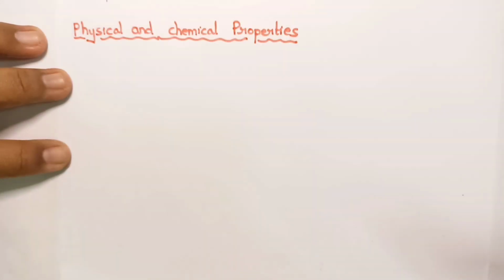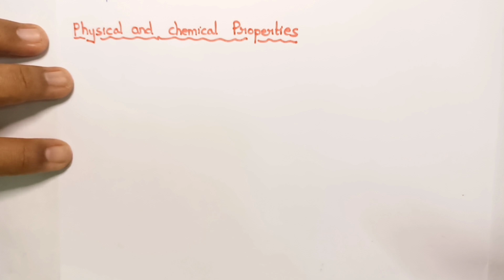Coming to the first topic of today's video, that is physical and chemical properties. So children, every substance in this nature has unique or characteristic properties. That means if we know the unique or characteristic properties of any particular substance, we can tell what it is, what is the nature of that substance.